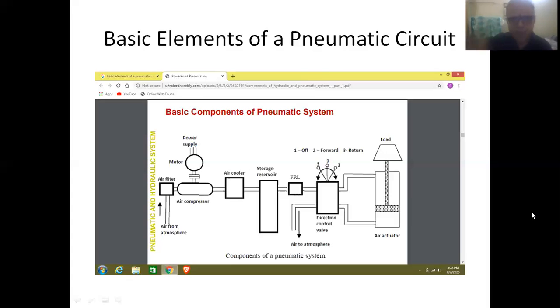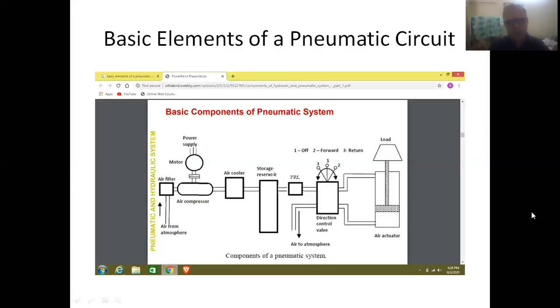Therefore, friends, the fluid coming from the compressor will be flowing in this direction, and the fluid present in this region will be coming out through this particular outlet. So ultimately, this is used for moving the piston in upward direction. That is called the return stroke of the piston.